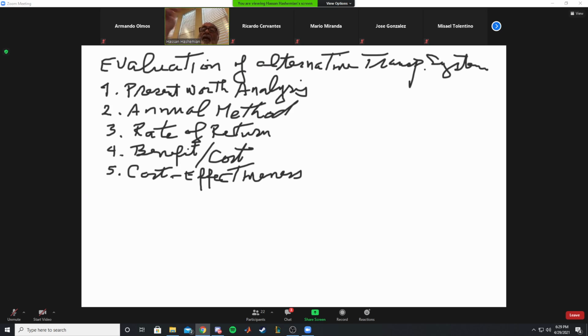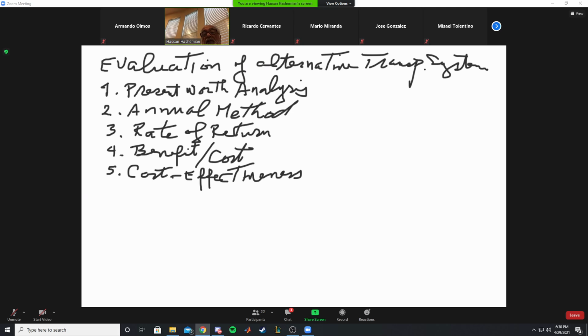Before I do that, for those of you who have not had engineering economics, or those of you who have had it a few semesters ago and forgot, I'm going to review the fundamentals of engineering economics, which are related to these methods. Without those, you cannot really do any of these methods.